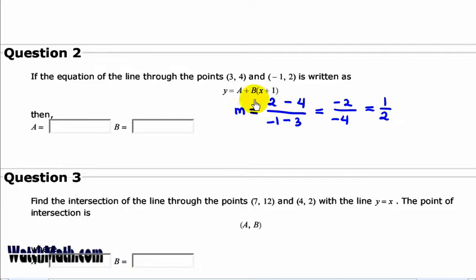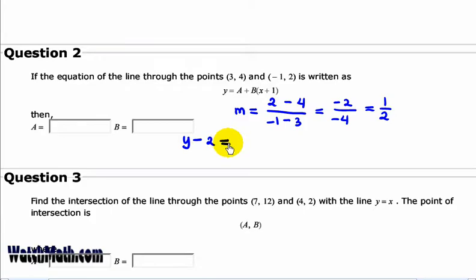Okay, once we get the slope, then we can use the point slope formula. We can take any of these points, but since this is of the form x plus 1, it is suggested that we take this point. So by using the point slope formula, the equation of the line should be y minus the y coordinate of that point equals slope times x minus the x coordinate.